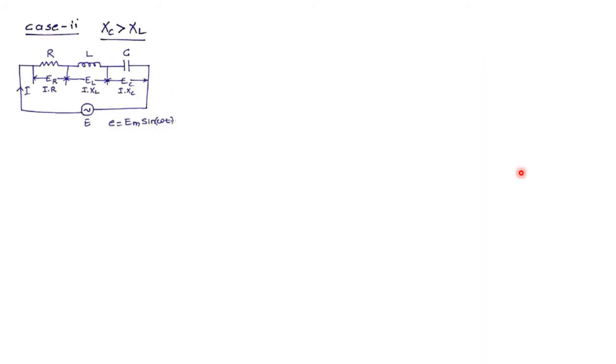Coming to case 2, when XC is greater than XL, that is capacitive reactance is greater than inductive reactance. Again, considering e equal to Em sin omega t, that is initial phase angle of voltage to be 0, and taking voltage as the reference phase angle, that is omega t equal to 0. Okay.